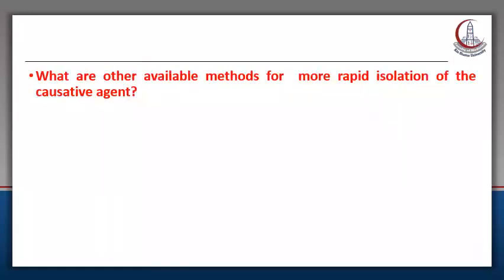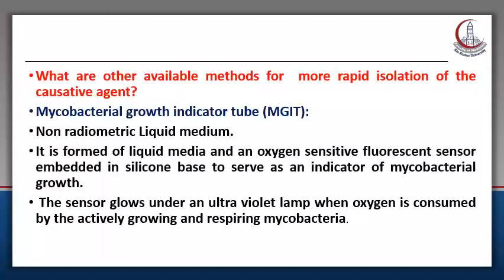So the other available, more rapid isolation for pulmonary tuberculosis is the commercial method, the Mycobacterial Growth Indicator Tube, abbreviated MGIT. The MGIT principle, as we discussed before, is that it contains liquid media in a tube, and this tube contains an oxygen-sensitive fluorescent sensor in the base of the tube.